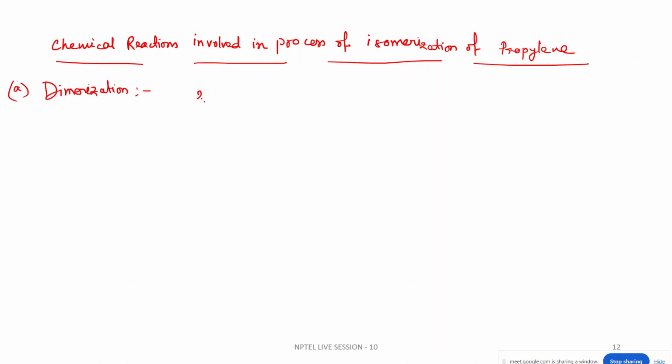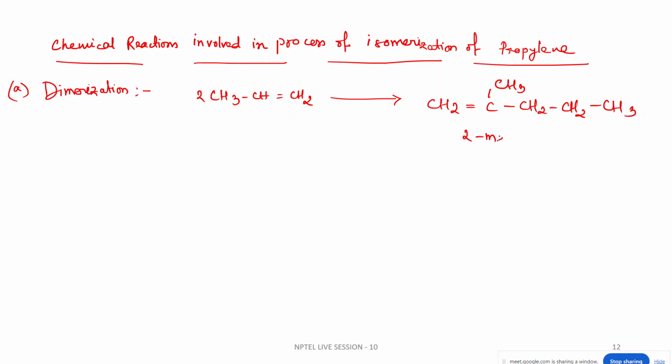So here the propylene forms a dimer, which is known as 2-methyl 1-pentene.